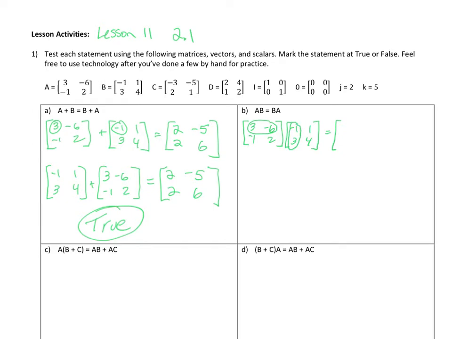I'm going to multiply row 1 times column 1, and that's going to go in row 1, column 1 of the answer matrix. And I picture taking the horizontal row, the 3, -6, pick it up off the paper, turn it 90 degrees, and lay it on top of the -1, 3. The numbers that line up, you multiply together, and then you add the two results. So I'm going to have -3 plus -18 is -21.